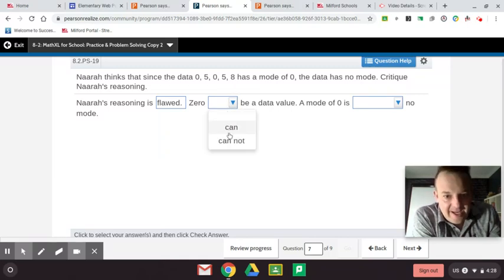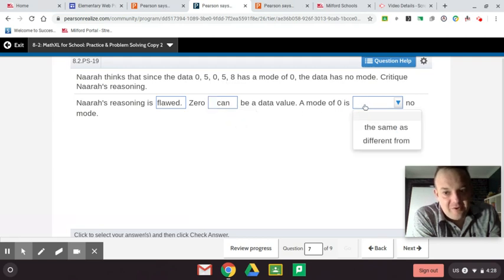0 can be a data value. A mode of 0 is different from no mode. Now, if no numbers repeated, that would be no mode.